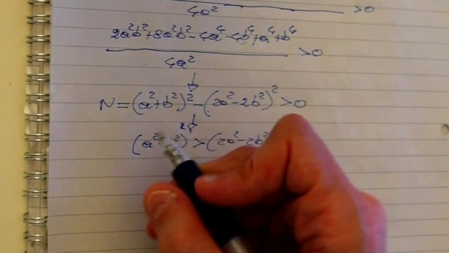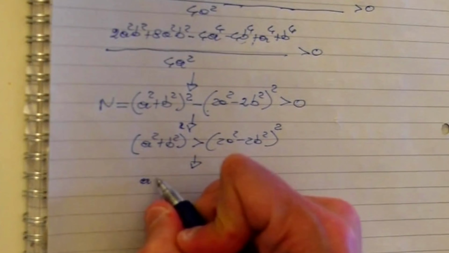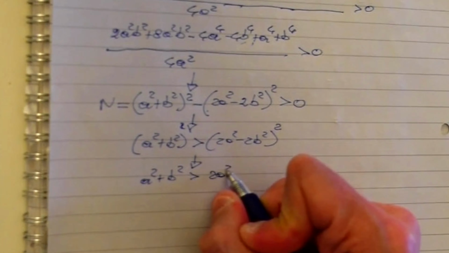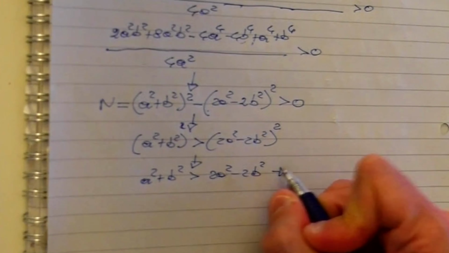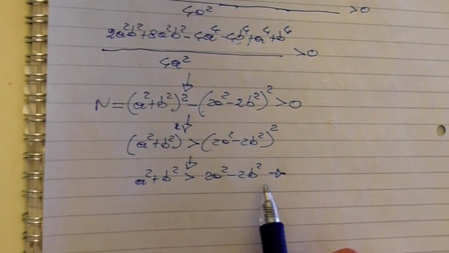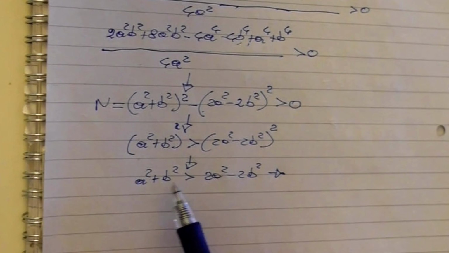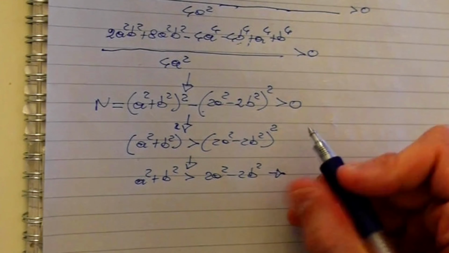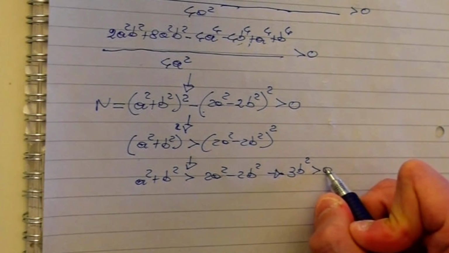So in this case, we can calculate the square root, and we have this situation: a squared minus 2b squared. This in turn implies that minus 2 becomes plus, 3b squared larger than a squared. So 3b squared larger than a squared.